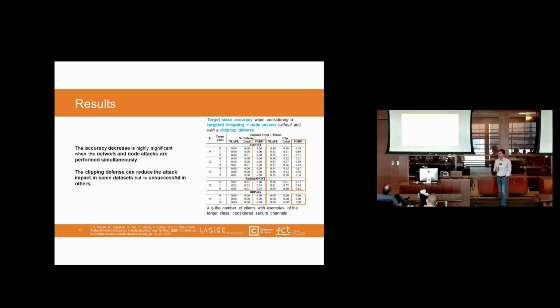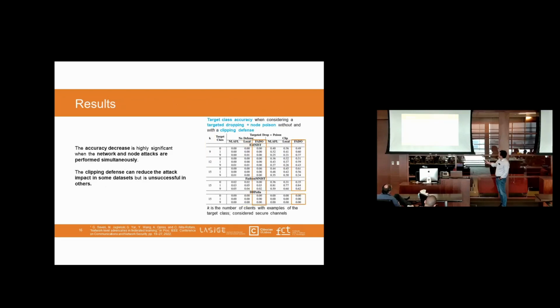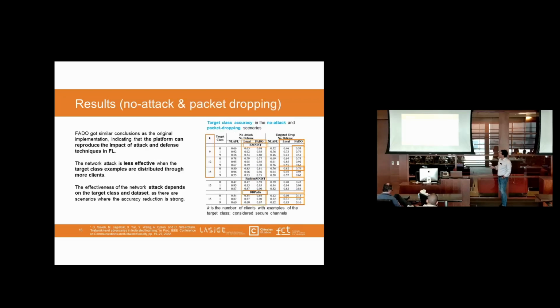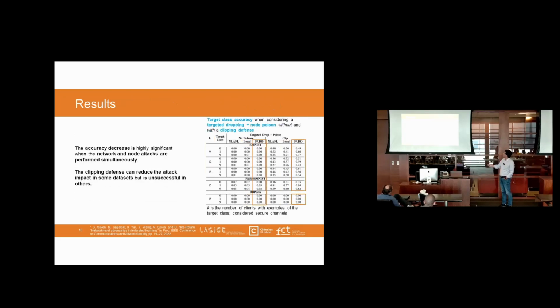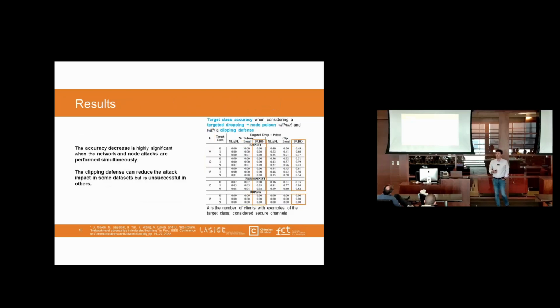I'll explain you in the second presentation in more detail, okay? Now, if you look at this, then when you mix poison attack together with the target drop, you are very effective and you decrease the accuracy in almost all cases to 0. Okay, so you can really kill the target class.